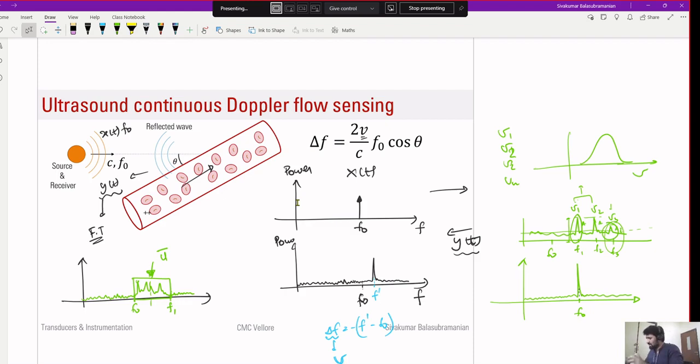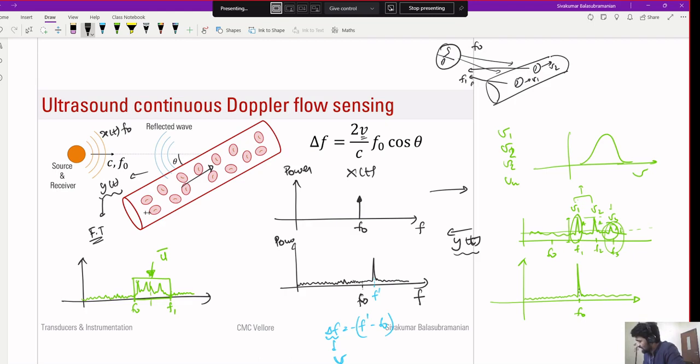Yes. Imagine like this, right? There is one RBC and there is another RBC. Say this is moving at velocity v1, this is at v2. You have your source, you have your detector. You send in ultrasound at frequency f0. This one will reflect back at frequency f1.